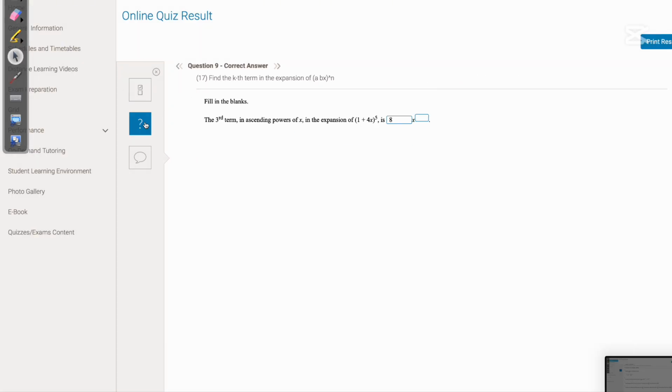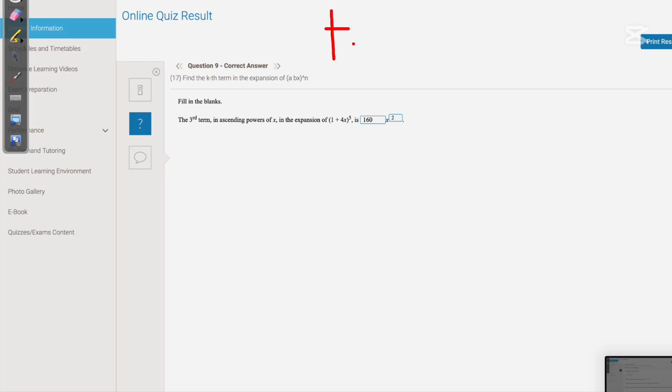Number 9. The third term in ascending powers of x in the expansion of... So look, again, I'm going to say it. So the term is ready, k is equal to the term minus 1.